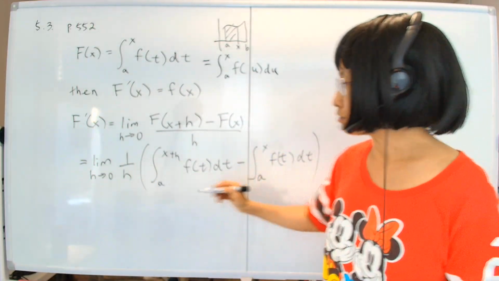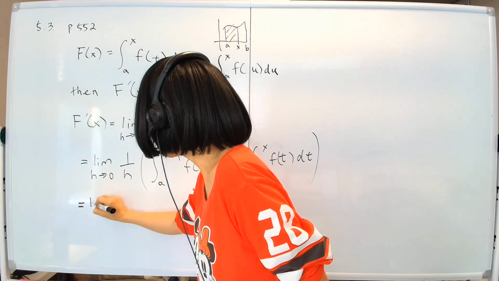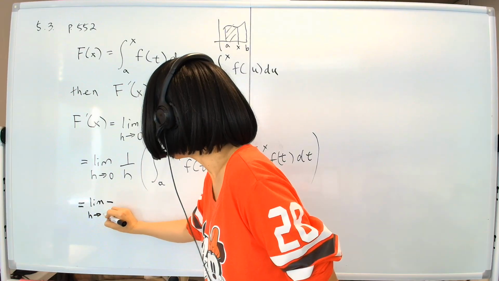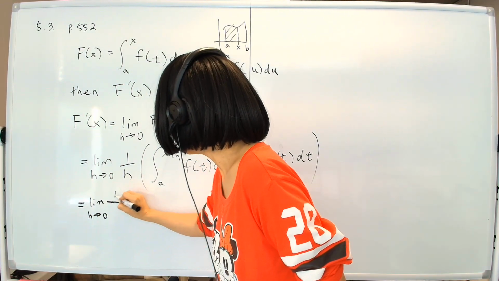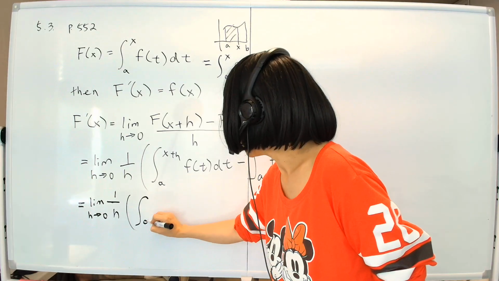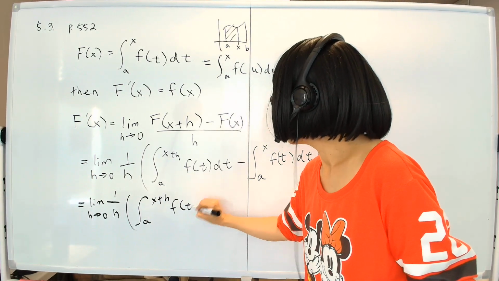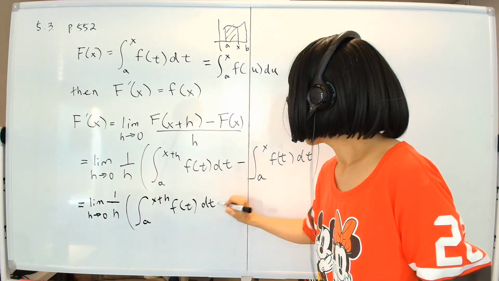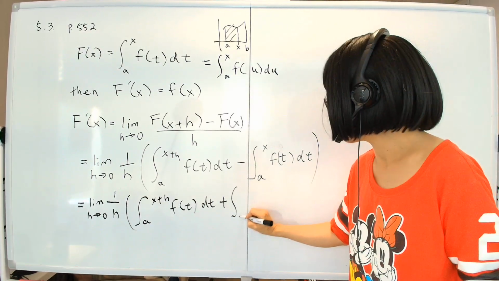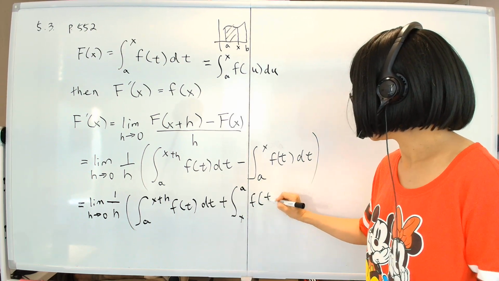That equals the limit h approaches 0 of 1 over h. Copy this whole thing down: the integral from a to x plus h of f of t dt, and then flip the sign and flip this. So it goes from x to a, and then f of t dt.